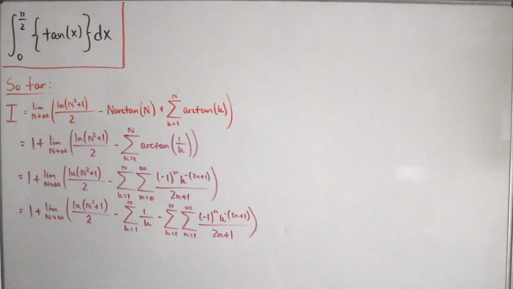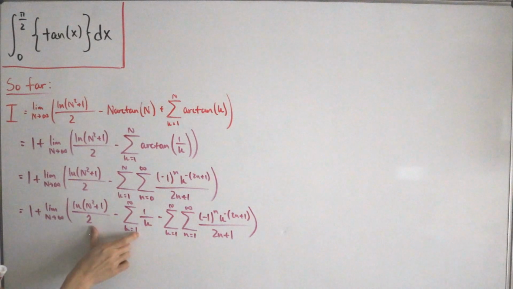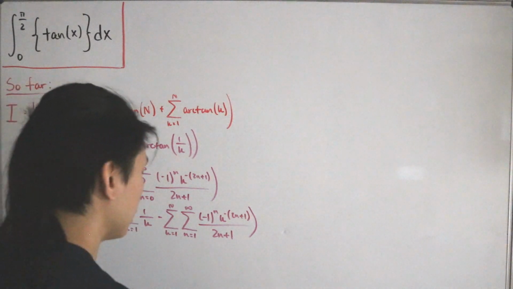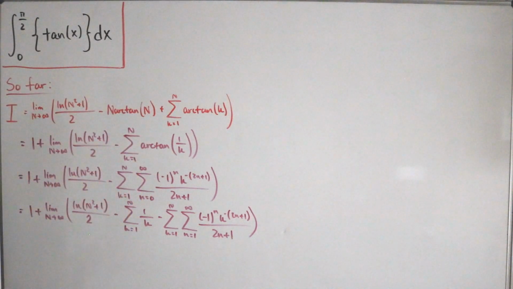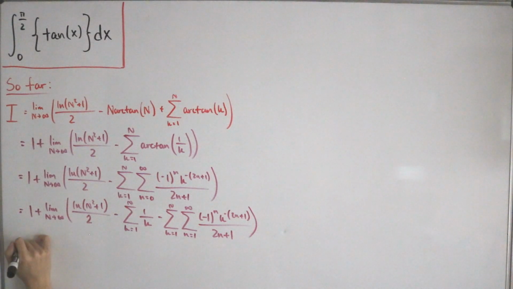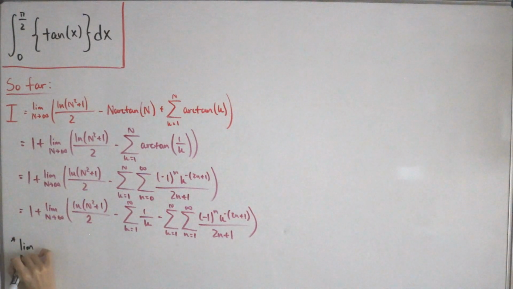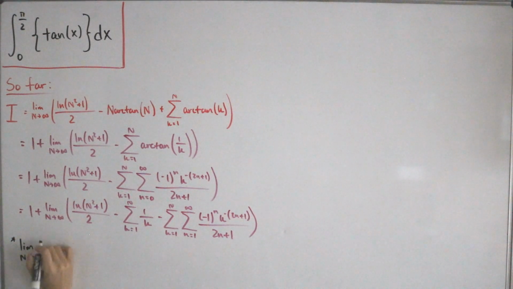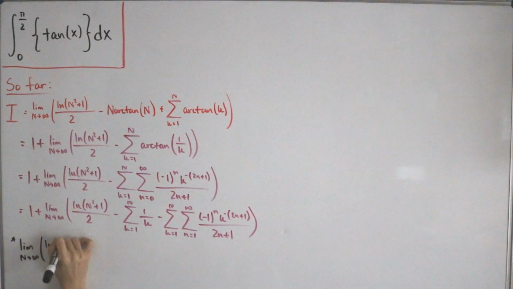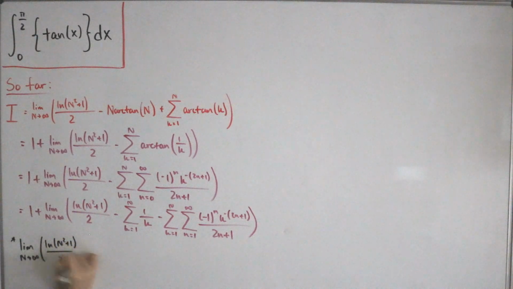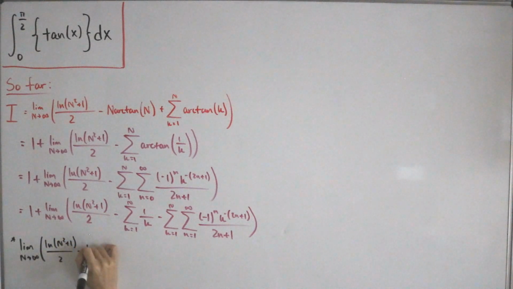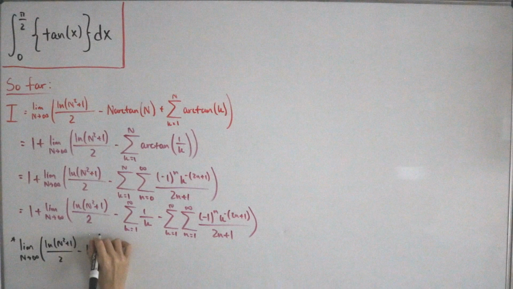So let's observe the following. We're going to pay attention to these two terms with that limit, and this will make some things nice and interesting. Let me put a star over here: the limit as capital N approaches infinity of the natural log of capital N squared plus 1, divided by 2, subtract the capital Nth harmonic number.